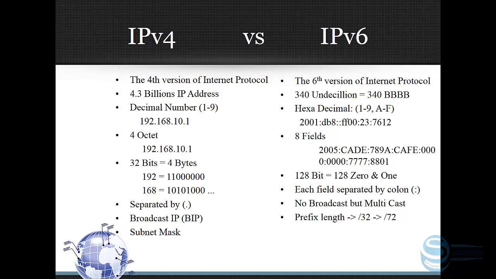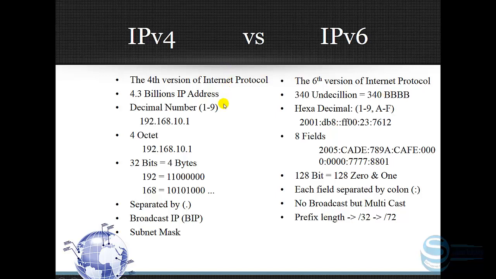The reason IP version 6 came up is because we were facing a lack of IP addresses with IP version 4. That's why IP version 6 came up, and now we have a lot of IP addresses and we will not face a lack of IP addresses.